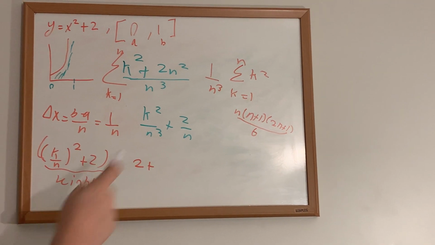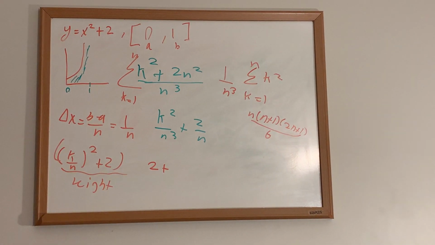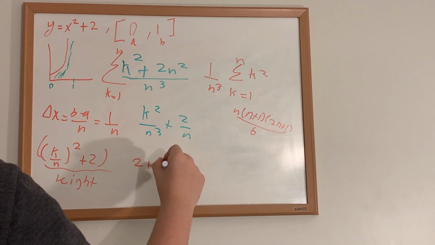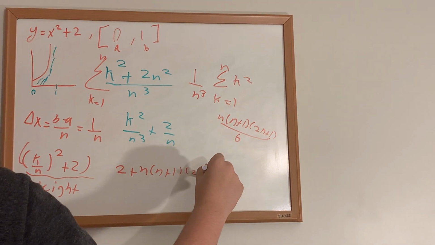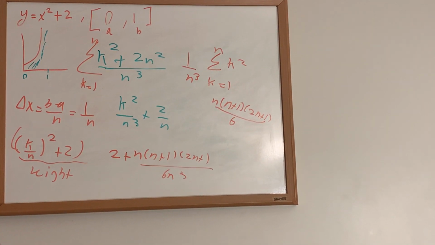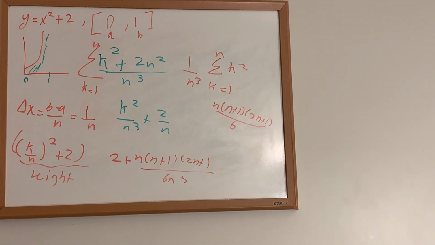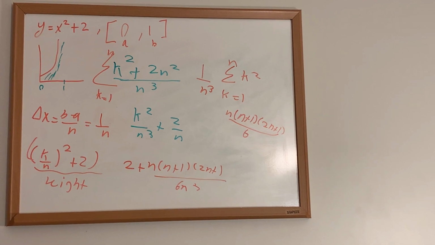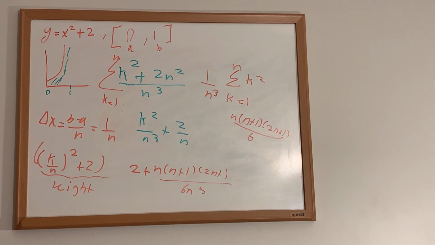Now the next step is to multiply 1 over n cubed by this quantity, where we get n times n plus 1 times 2n plus 1 all over 6n cubed. Now the next step for us is to add these expressions, and the last step is to take the limit of this expression as n approaches infinity.